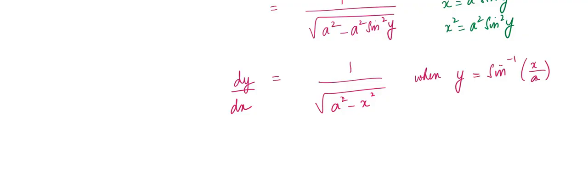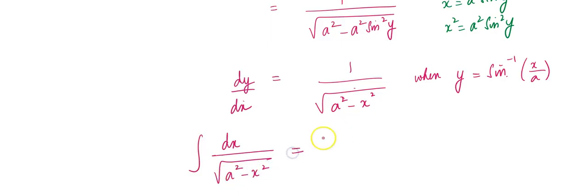So this is basically what our formula is saying. Our formula is saying, if the derivative is this when y is this, then if you're trying to write this in terms of an integral, using x here, the integral of dx over the square root of a squared minus x squared will give back sine inverse of x over a plus c.